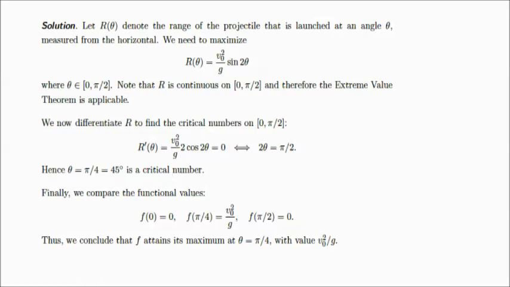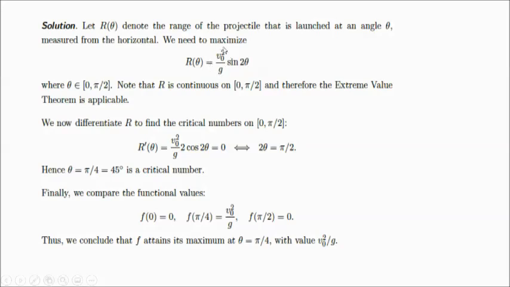Now, the problem says we should show that this is the angle wherein the range is maximum. Now, we compare the functional values. The endpoints are 0 and 90. So at both, it is 0. When it is 45 degrees, class, this is the answer, because sine of 2 times 45, which is sine 90, is 1.